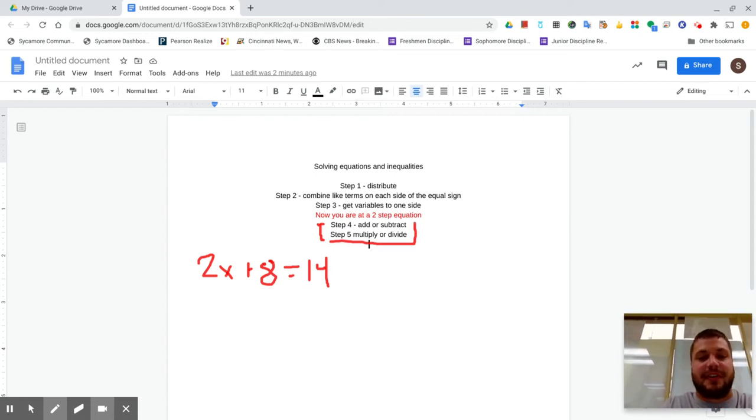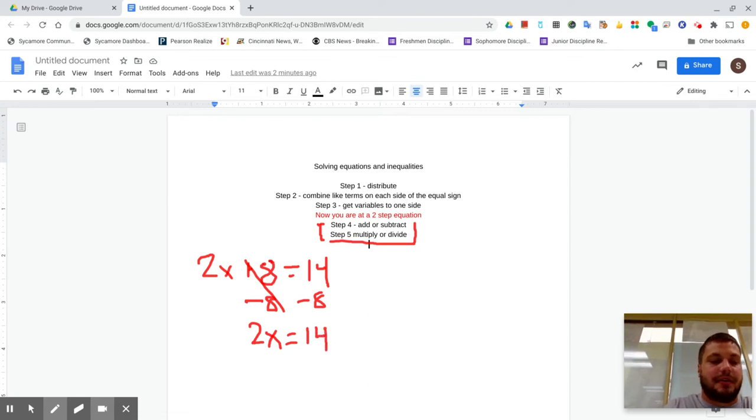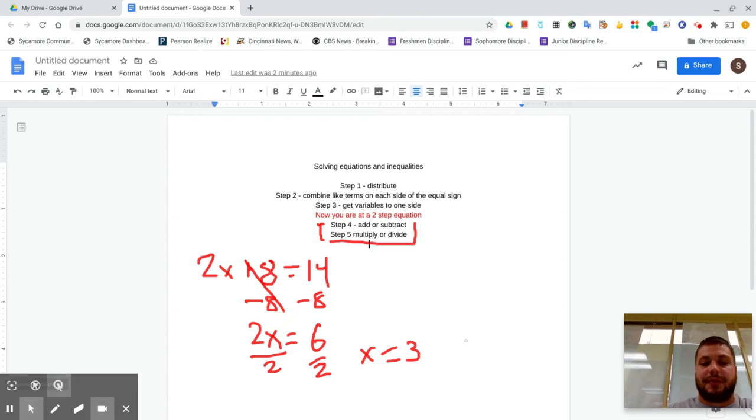The opposite of adding 8, of course, is subtracting 8 on both sides. Now I'm left with 2x equals 6. And I divide by 2, and I have that x equals 3. Okay, so that's pretty easy.